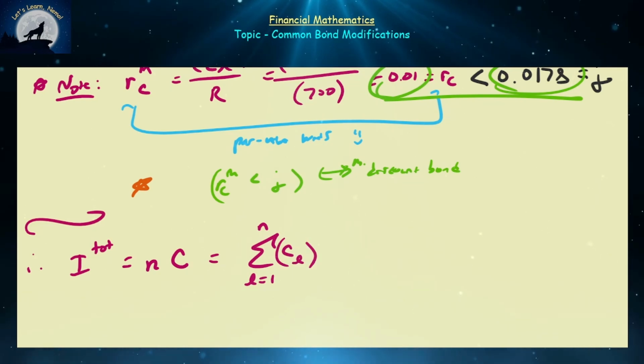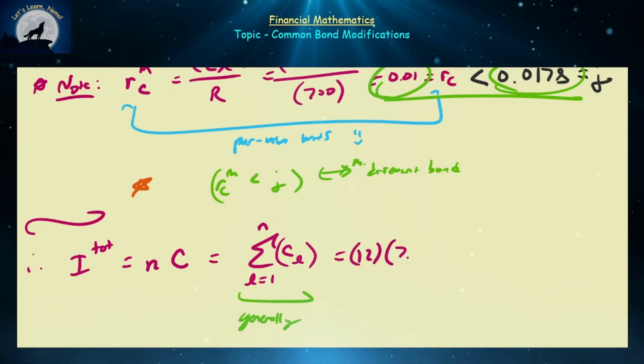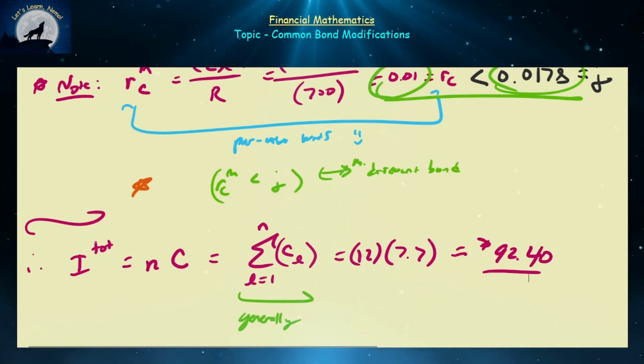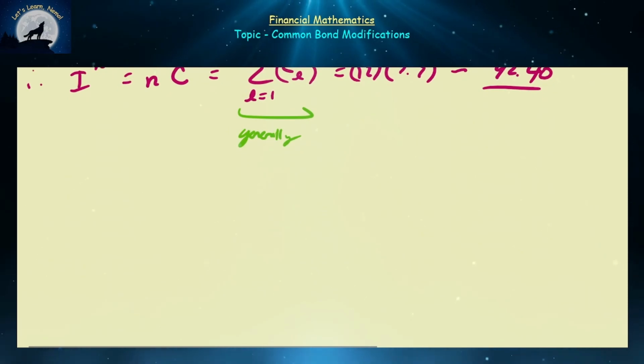So C1 plus C2 plus C3 all the way down to Cn, and this is the generalized version. Generally, for us, since our C came out to 7.70, that's going to be equal to 12 times 7.70, which is going to come out to approximately $92.40. So $92.40 in interest for us, right?